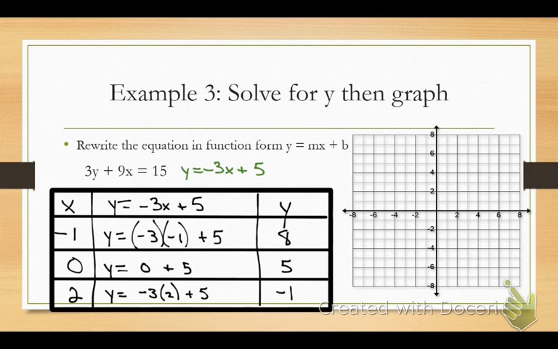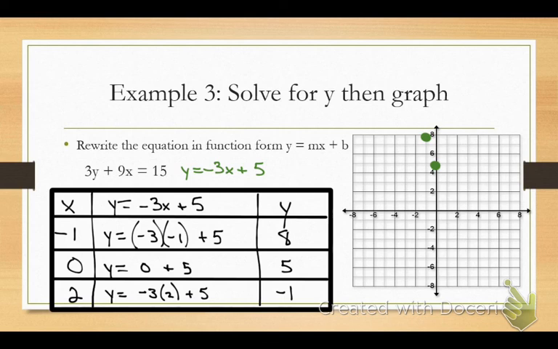Again, you don't have to graph this, but hopefully you set up that table before I put it up there. Basically we're just practicing this concept of getting it in function form and then coming up with our table. Why did we do the table? So we can match up these ordered pairs. Negative 1, up 8. 0, up 5. This is a pretty steep slope.